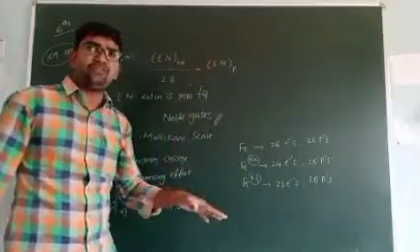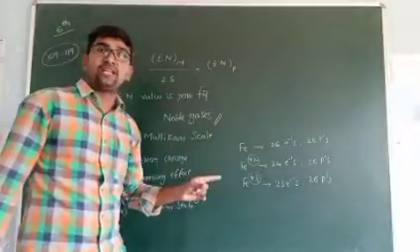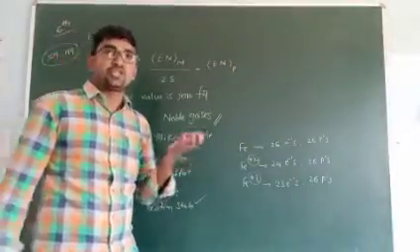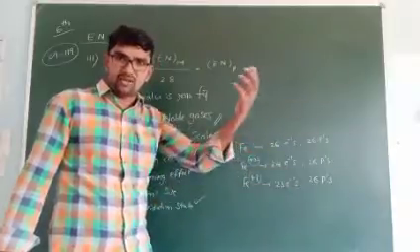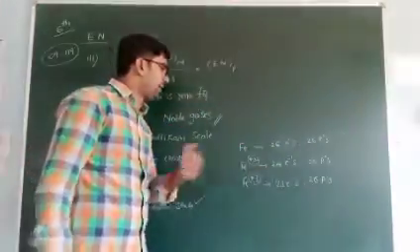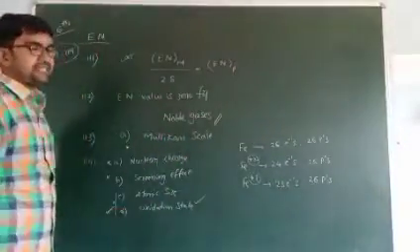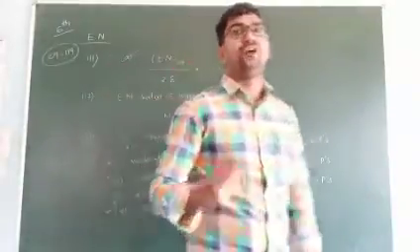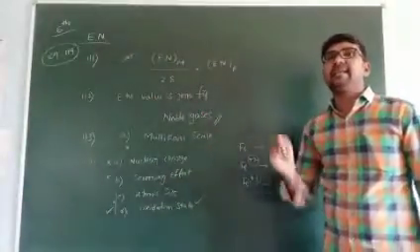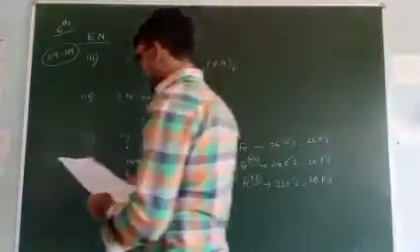If the size of the atom or ion decreases, electronegativity increases, because small sized atoms or ions attract the electron towards themselves. So the answer is Fe plus 3 here. So simply, the oxidation state mainly affects the electronegativity of any element or ion. Okay, remember this point. The answer is D.